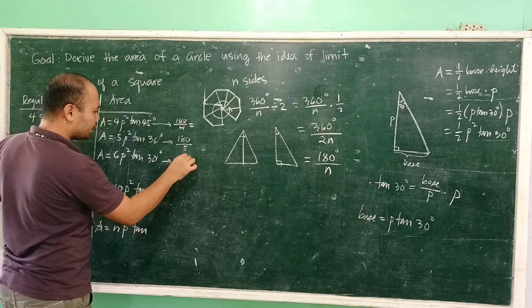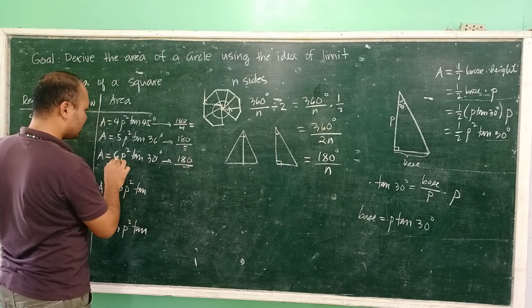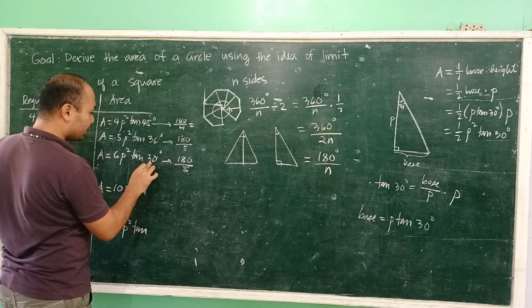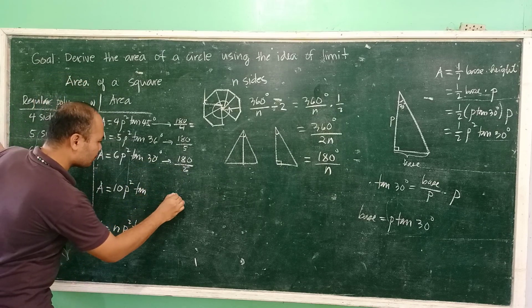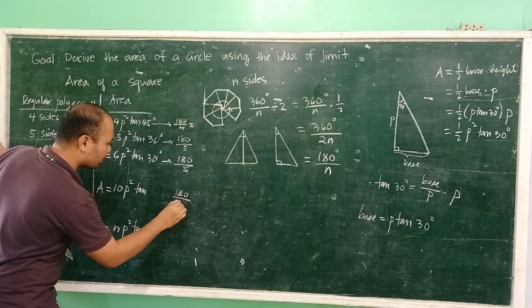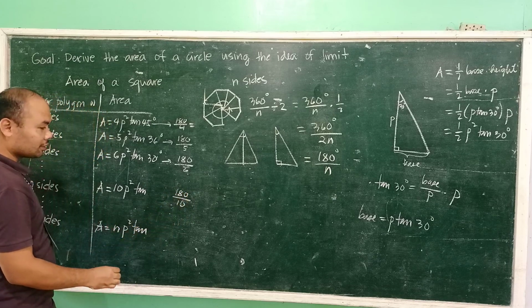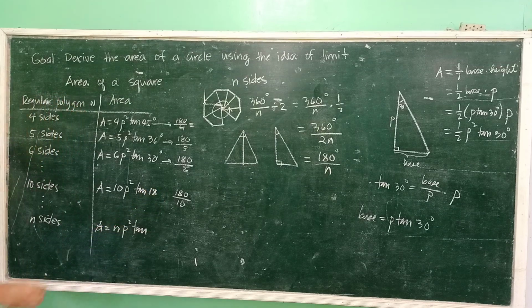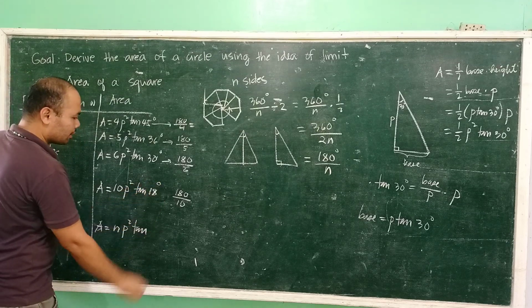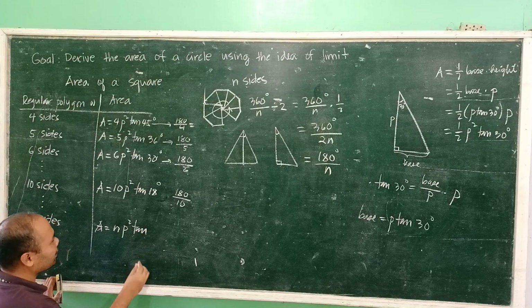What is 180 over 6? 30. So therefore, for 10 sides, this is just equal to 180 over 10. So therefore, this is tangent 18 degrees. So, what should be the general formula here?